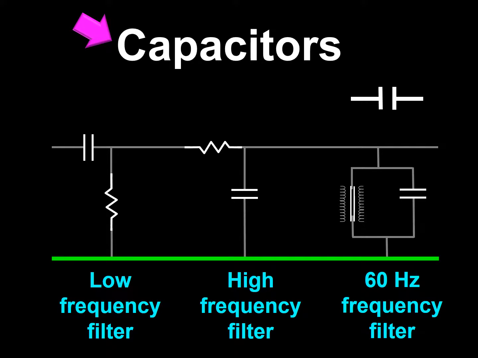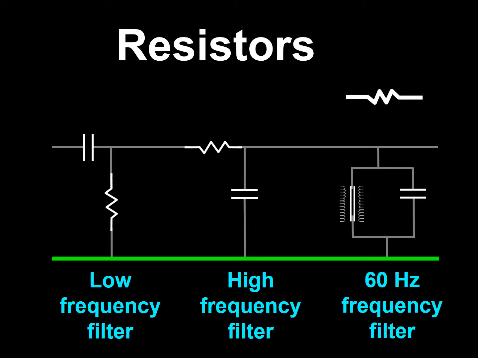Classical analog filters are made of capacitors. Capacitors are a component of low frequency filters, high frequency filters, and 60 Hz frequency filters. Resistors are another important component of analog filters. They are a component of low frequency filters and high frequency filters.